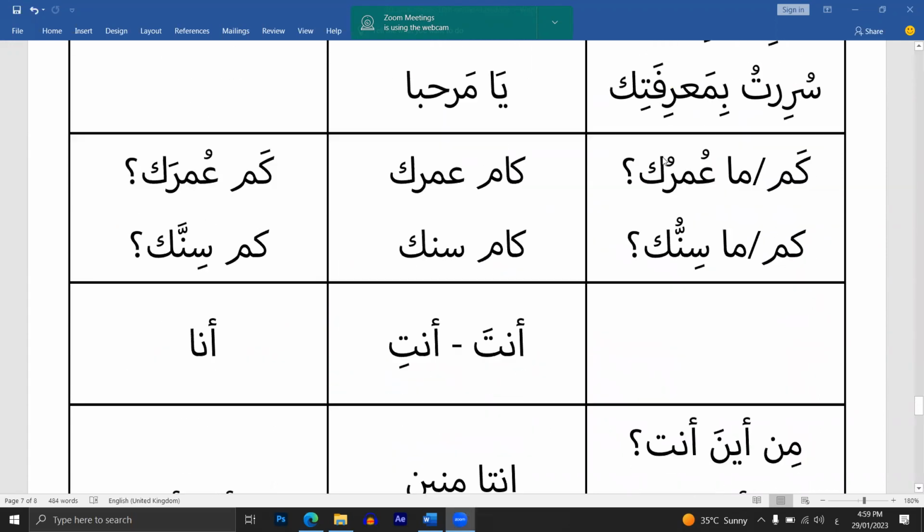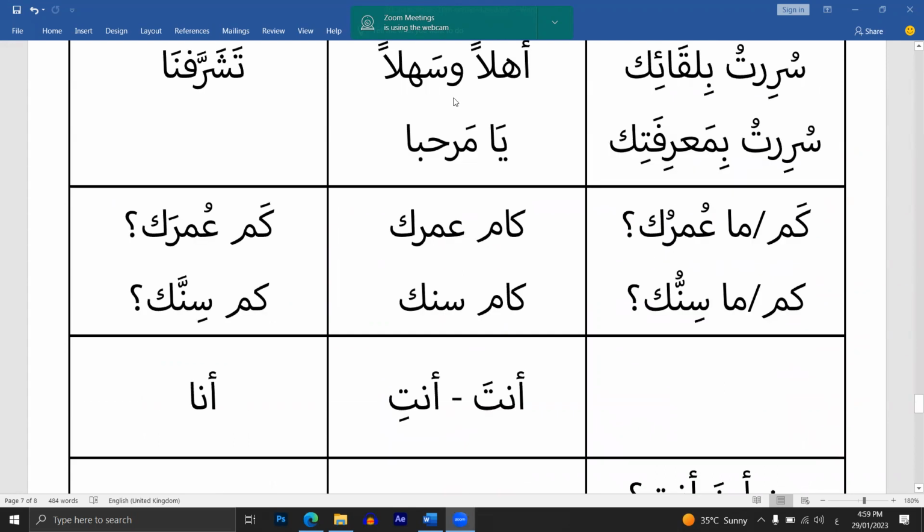Okay, next, asking about the age. We have two tools. First, the interrogative noun كم, which means how much, and ما, which means what. And we have two words that mean age: عمر and سن.